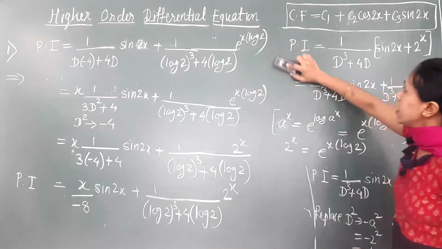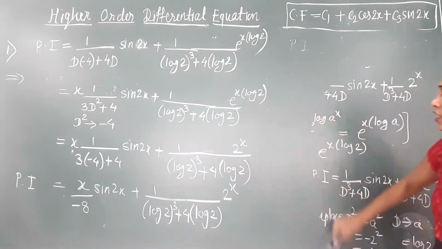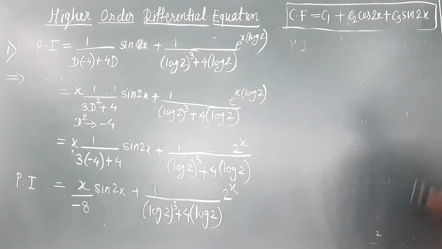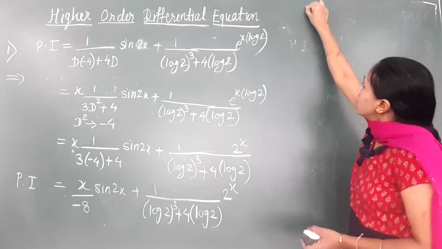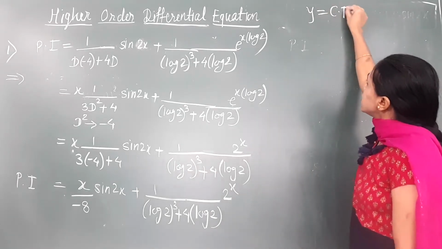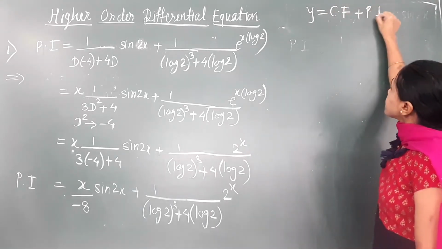So the final solution, the dependent variable, is y. So y can be written as y is equal to CF plus PI.